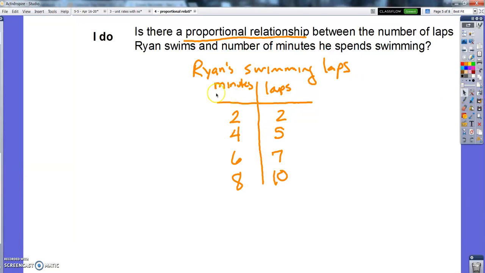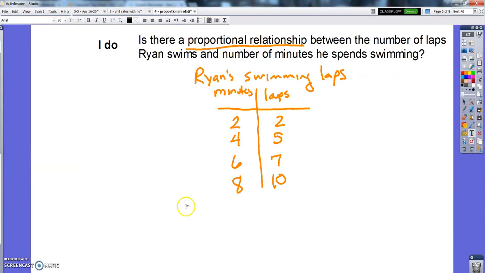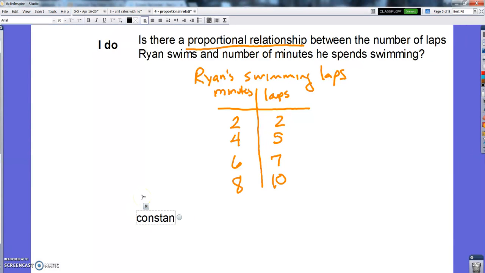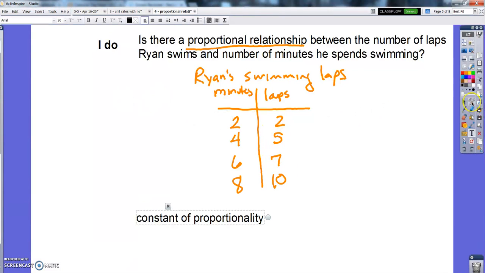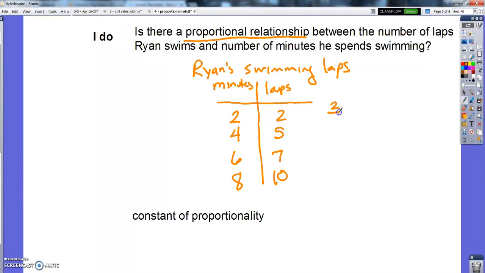So in order to figure that out, I have to find my constant of proportionality, see if there is one. So if I look at my ratios here, my first ratio is a 2 to 2 ratio, minutes to laps.